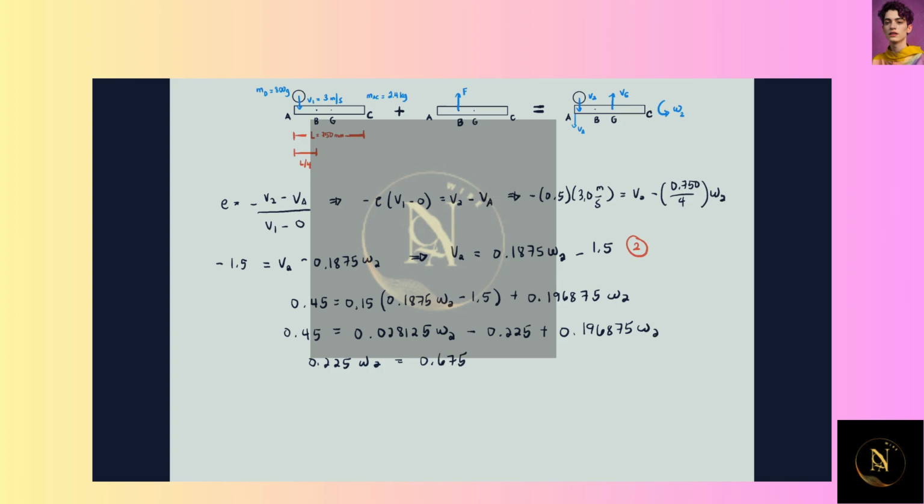Therefore, omega 2 is equal to 0.675 divided by 0.225, so omega 2 equals 3 radians per second. As for the direction, it's clockwise. So this is our answer for letter A.